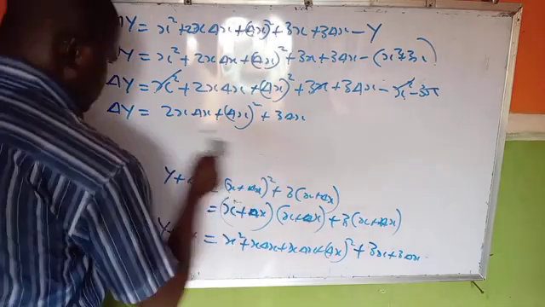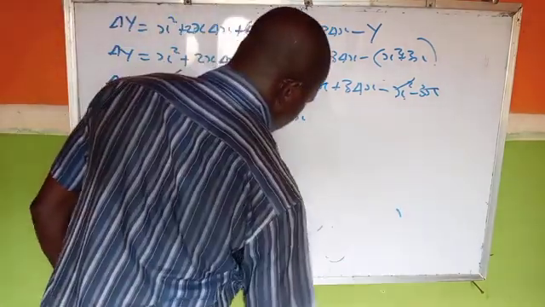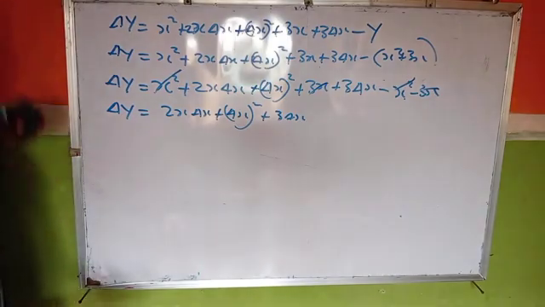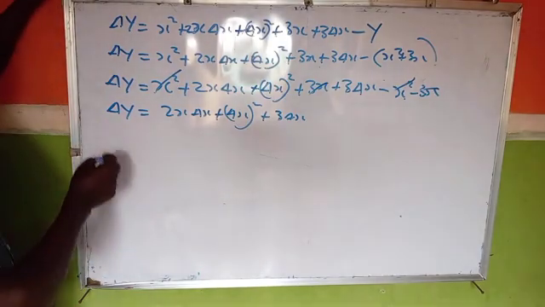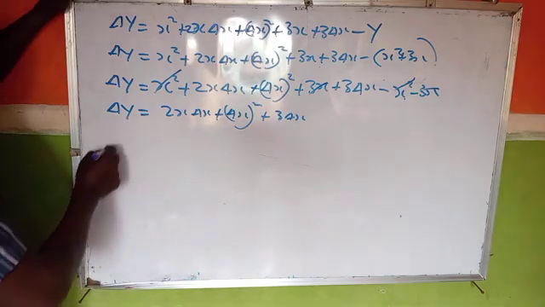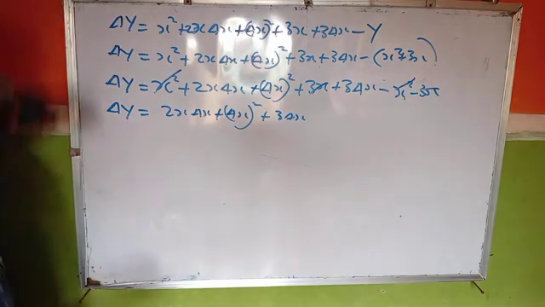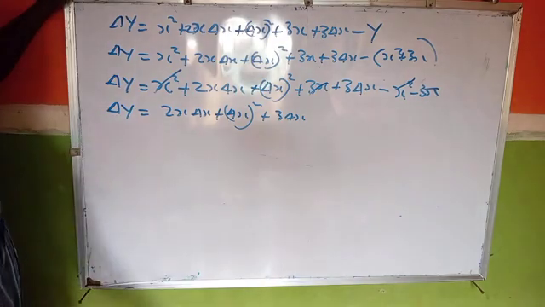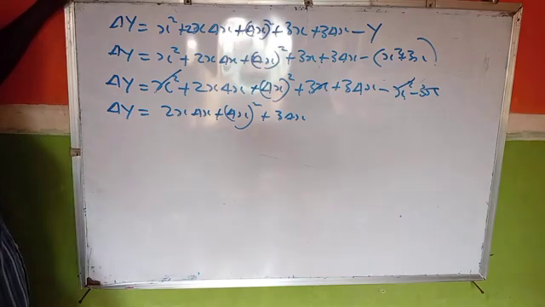Now when you are doing first principle, we are introducing limits again. The limit you are introducing is as we divide everything by delta x, delta x will tend to 0.